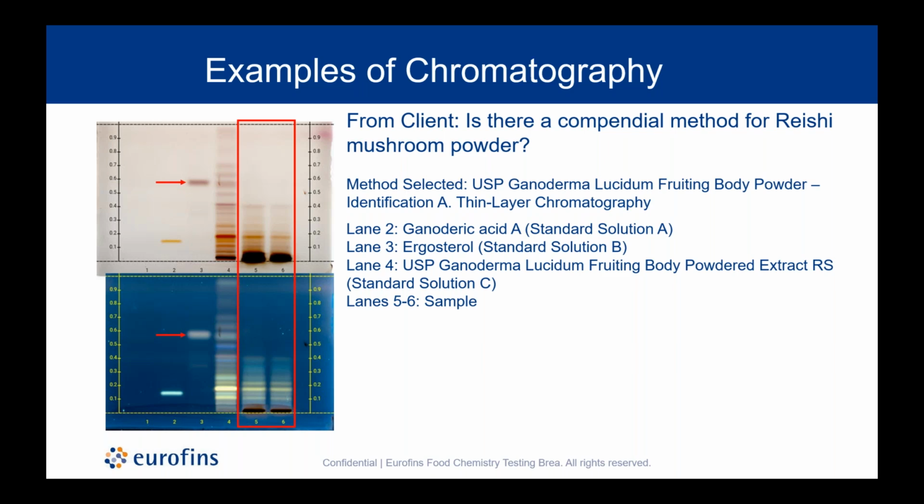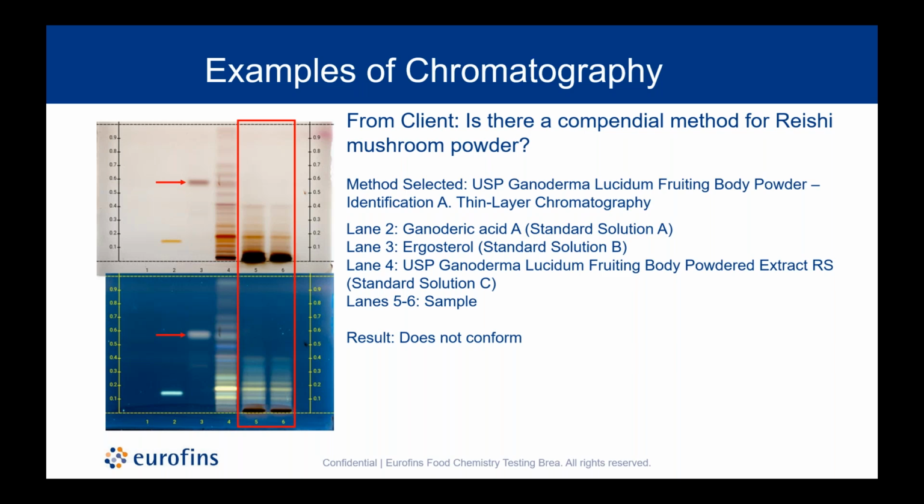And you can see there are some bands matching with that USP standard in the sample. But then the additional piece of the acceptance criteria is there needs to be a presence of that ergosterol standard band, a corresponding band in the sample. And what we see there is there's no band corresponding to ergosterol, and therefore the result does not conform.